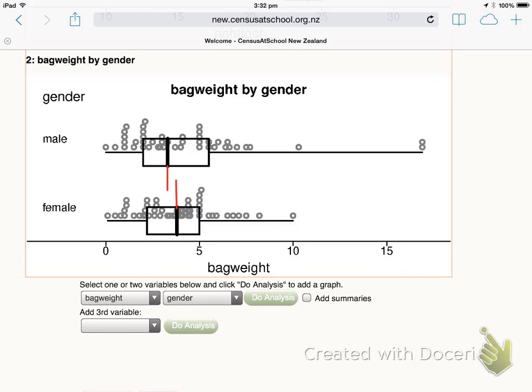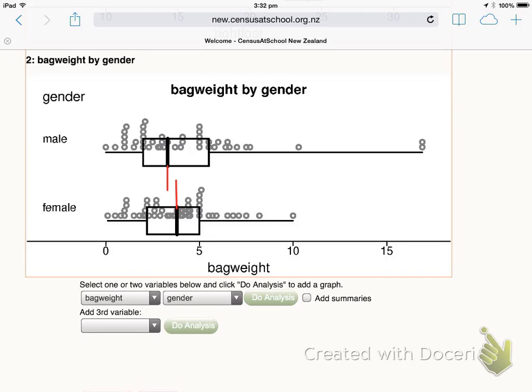Here's another example. This is bag weight by gender, same population, and in this case I've just drawn 2 lines up from the medians. There's such a small difference there, I can straight away see that it's going to be too close to call.